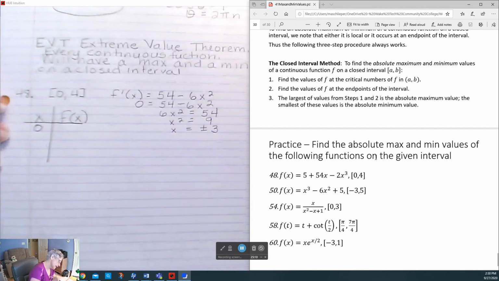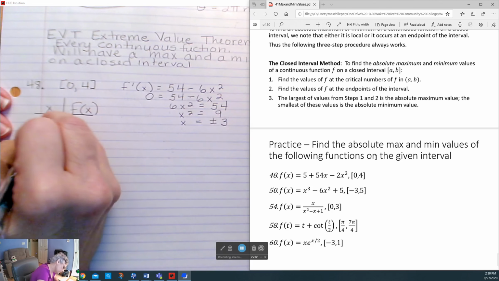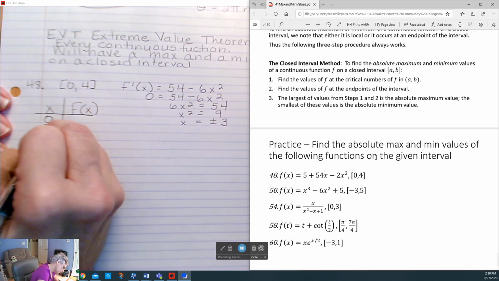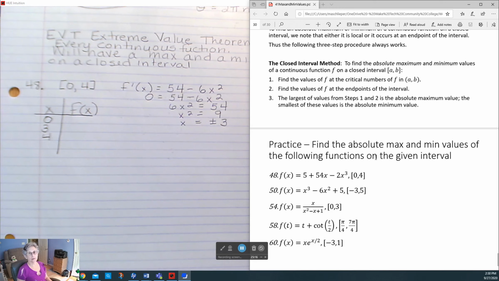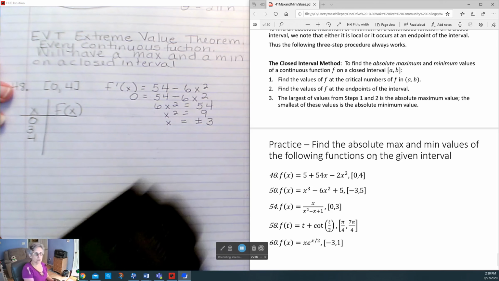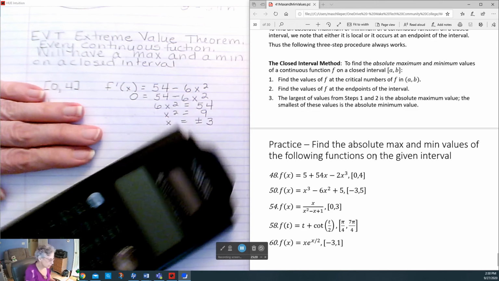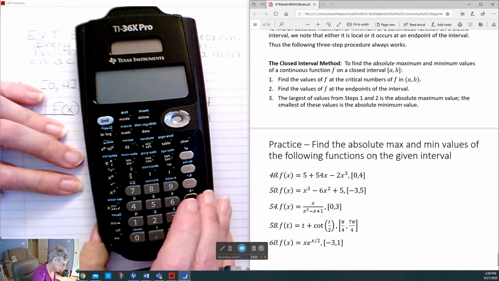So I'm going to test 0, 3, and 4. Good job for the table function on the calculator.